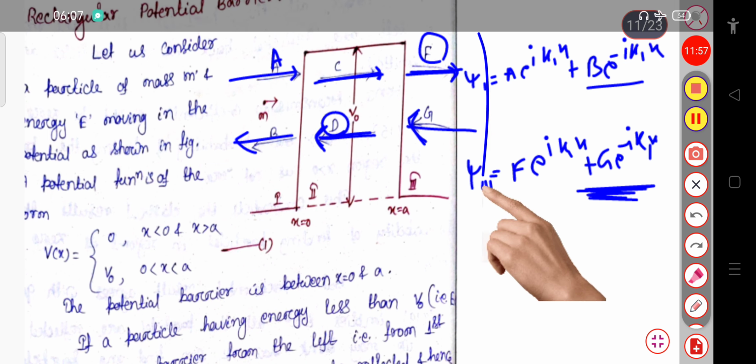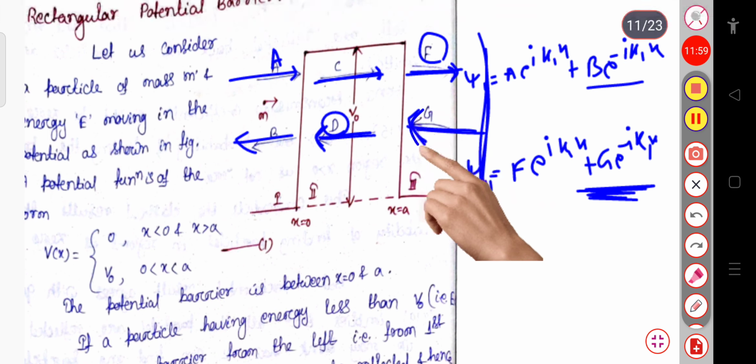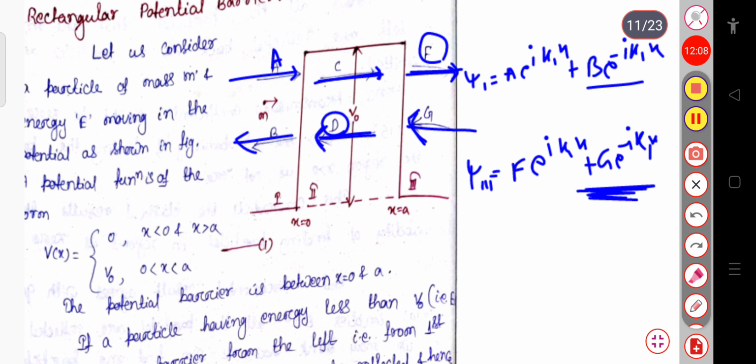the reflected wave if there were a barrier. But since there is no barrier present at this point, this may be the incident wave from the right side.